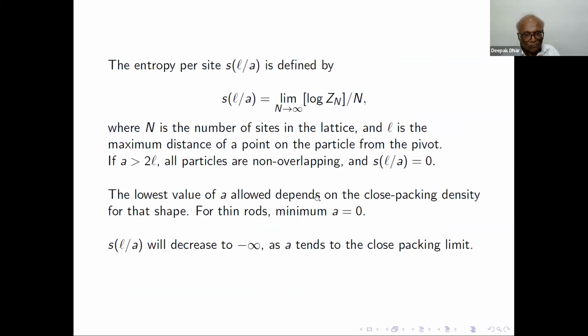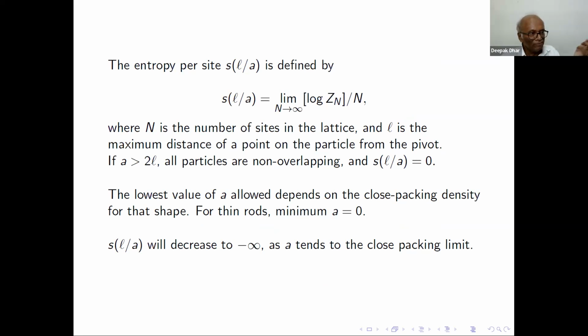Okay. So for thin rods, the minimum spacing you can make is actually as close to 0 as you like. Because the lines are infinitely thin, they can be put parallel to each other, and any spacing A is allowed. So S of L by A will decrease to minus infinity as A tends to the close packing limit in general.